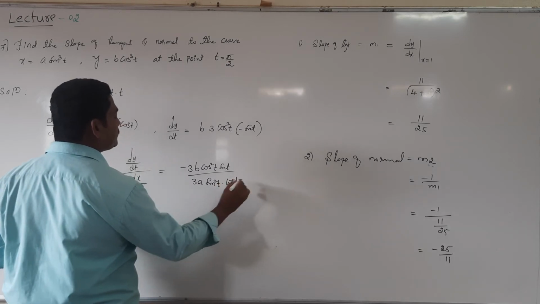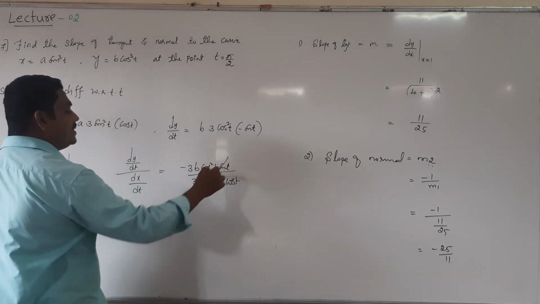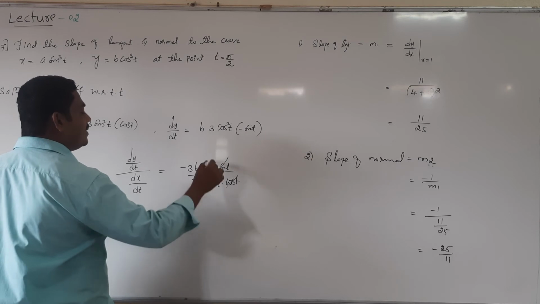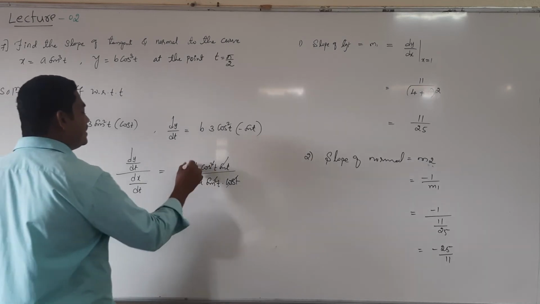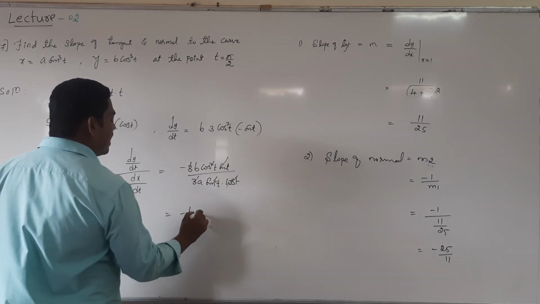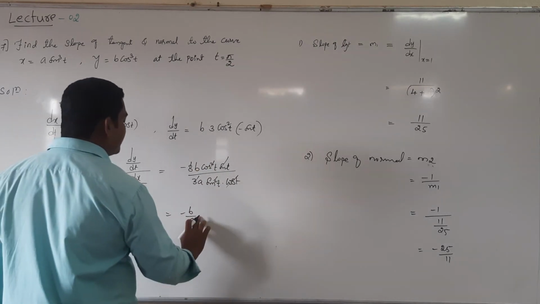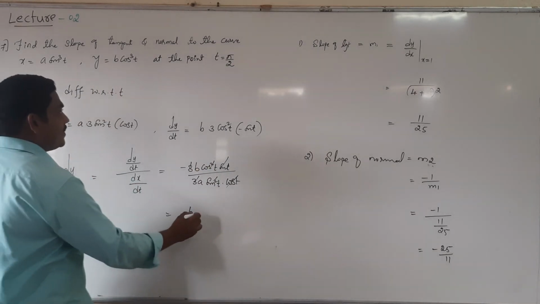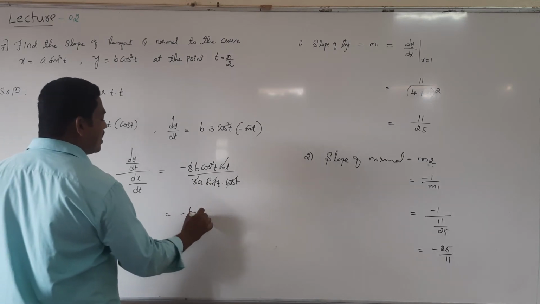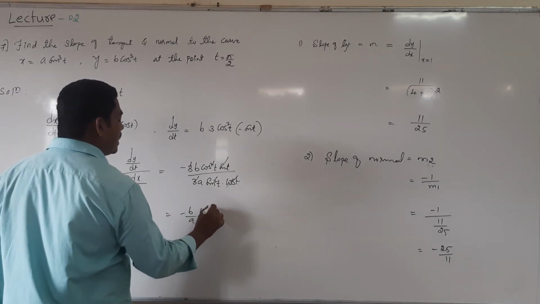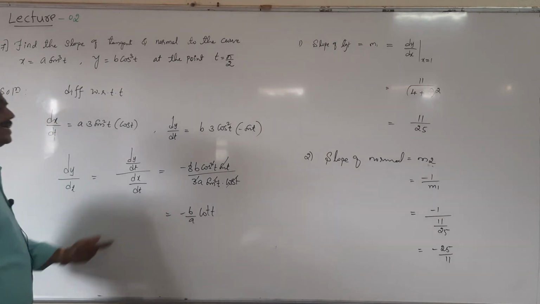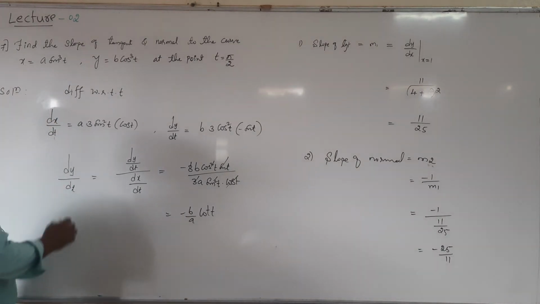Right? Now one of the sin will get cancelled and one of the cos terms will get cancelled. 3 gets cancelled. Minus b by a into cos by sin. Cos by sin is equal to cot t. This is our dy by dx.